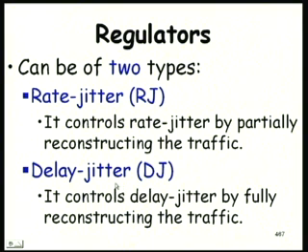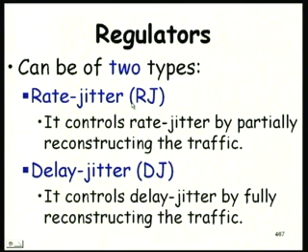So, we will not really go into the details of how it does the rate jitter, how much it delays, what we mean by partial reconstruction, etc. What we need to understand here is that there is a separate component called the regulator, which will look at the traffic.